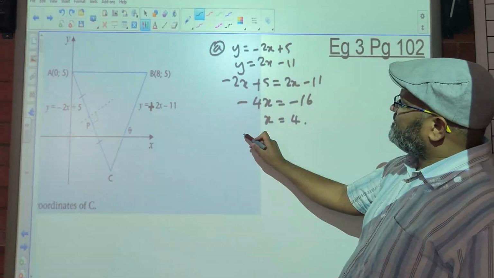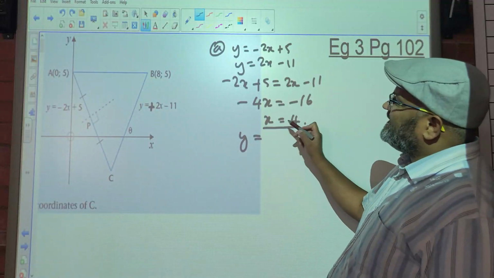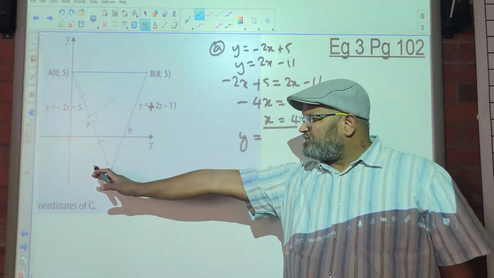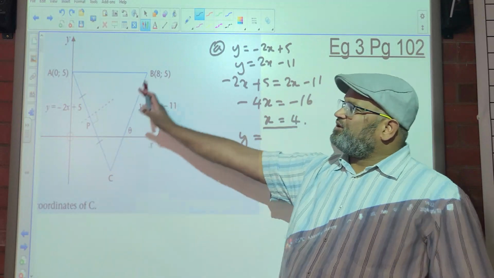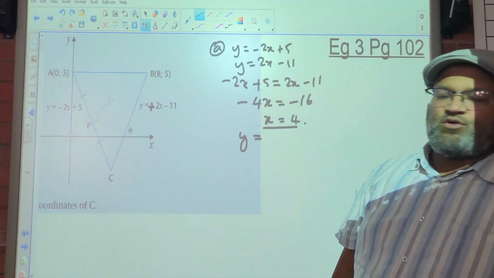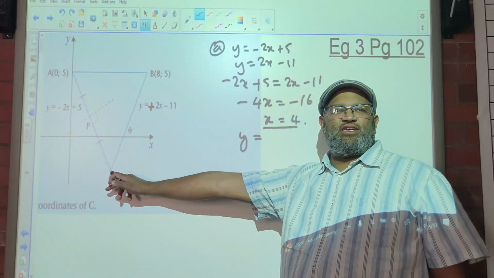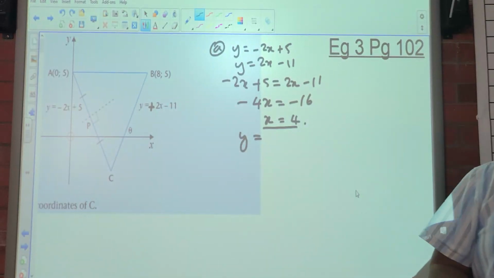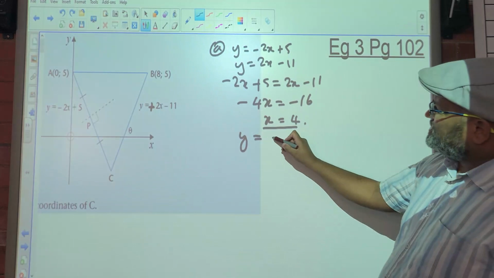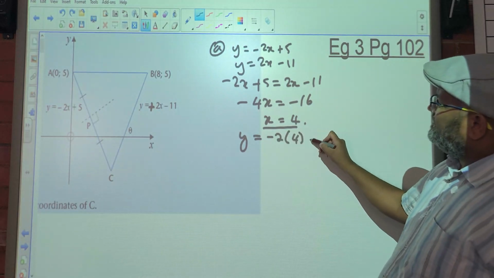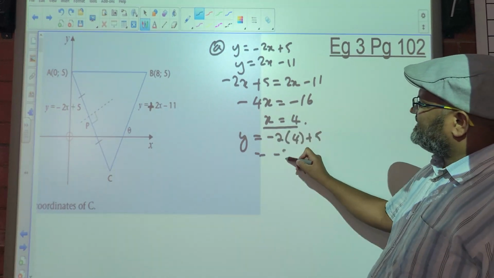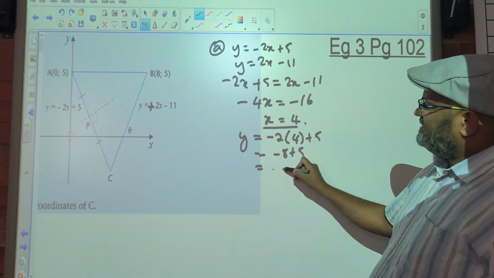How do you calculate the corresponding y value? You can either sub that into the equation of the line going through AC or the line going through BC. Because it's the point of intersection here, the y value will be the same. Alright, so it's going to be negative 2 into 4 plus 5, which is negative 8 plus 5, which is negative 3.